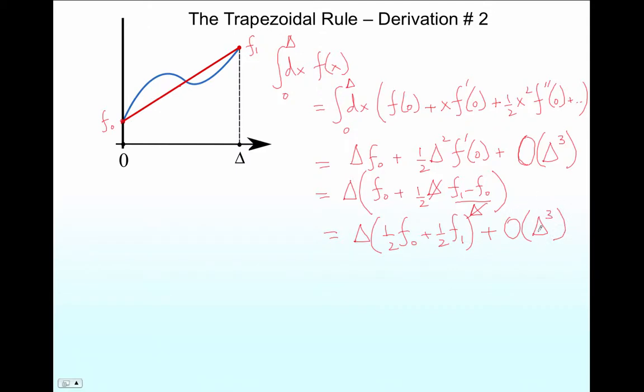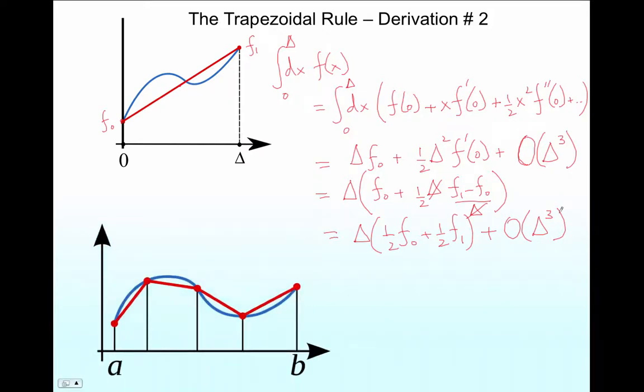So one useful thing about doing the trapezoidal rule this way was that we were able to get an error estimate, that it's order delta cubed. Those are the terms that are missing from this analysis. Of course, as delta becomes smaller and smaller, this error gets smaller and smaller too. So we're pretty much done.